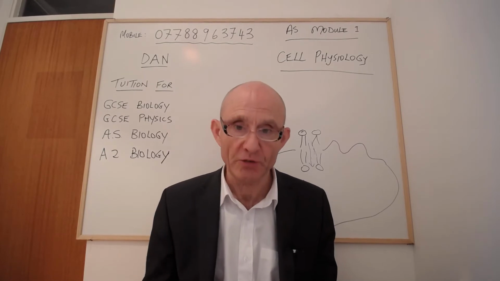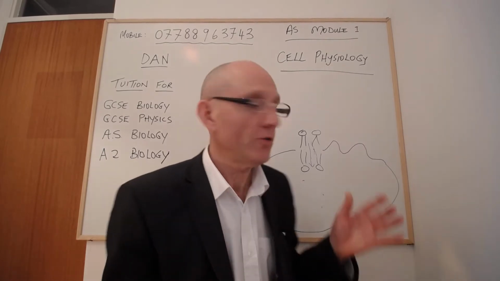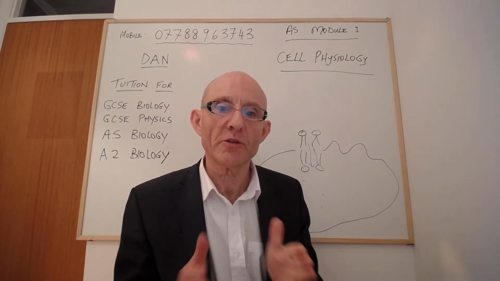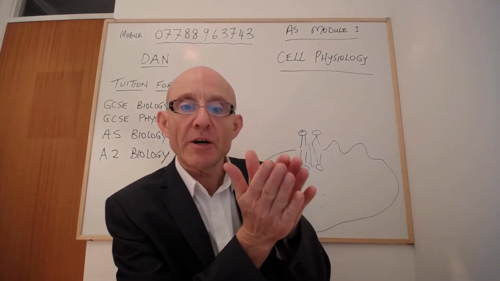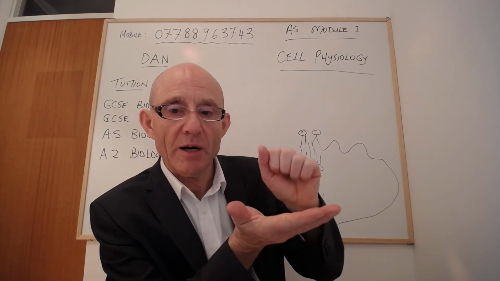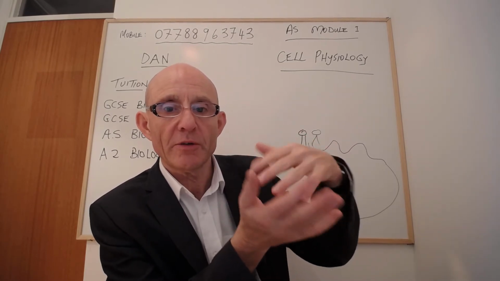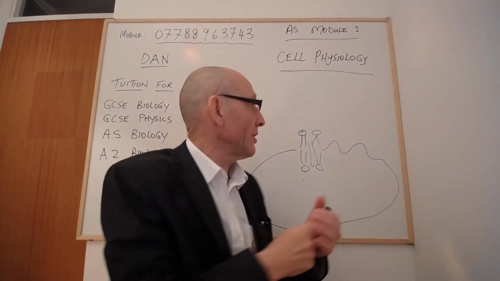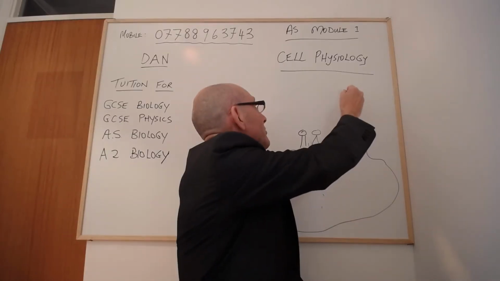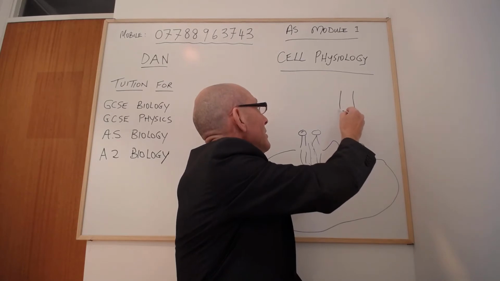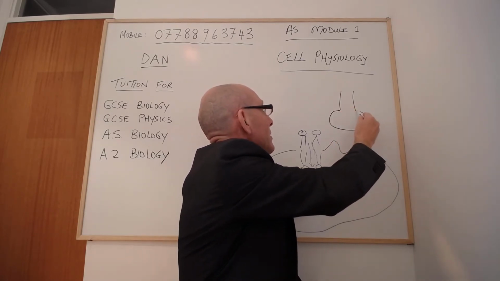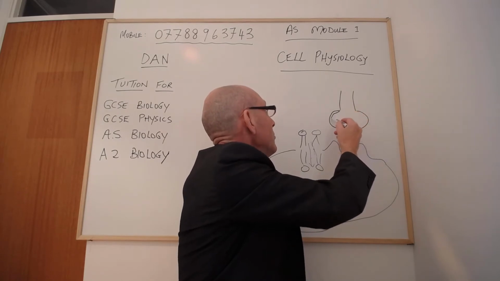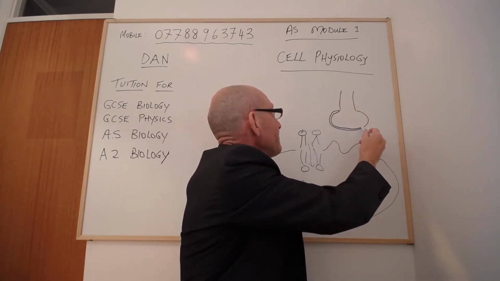The thickness of the surface. Now, diffusion doesn't only happen across cell membranes. Diffusion will also happen through layers of cells. So if you had a layer of cells and then you had another layer of cells, or even if you just had a single layer of cells, an example of where you would have a single layer of cells would be in an alveolus. So alveoli in breathing, alveolus looks a bit like that, and it's made up of, if you remember, its walls are 1 cell thick.